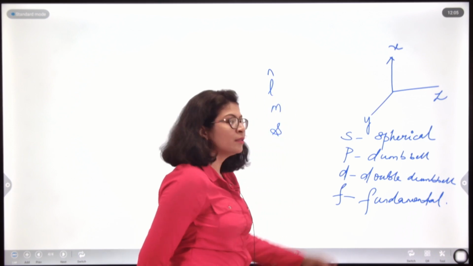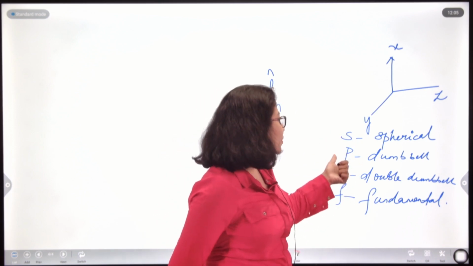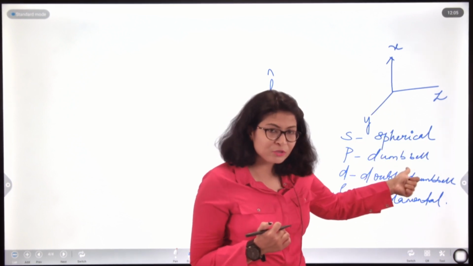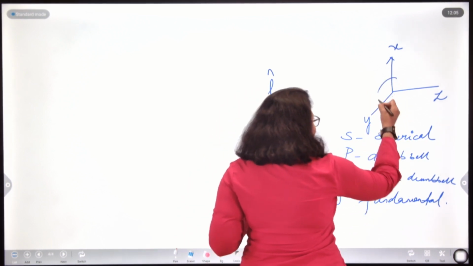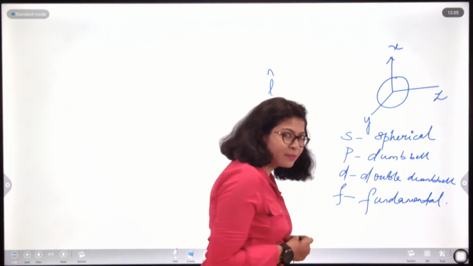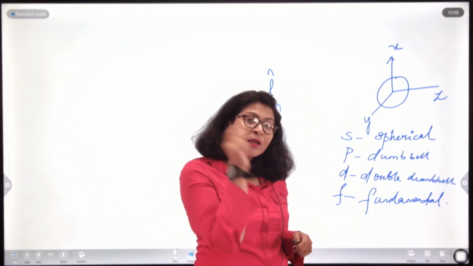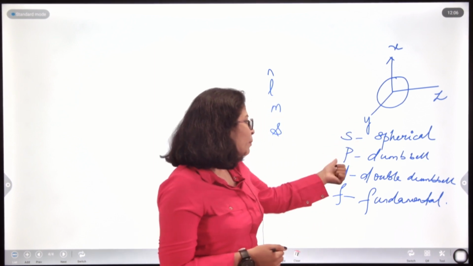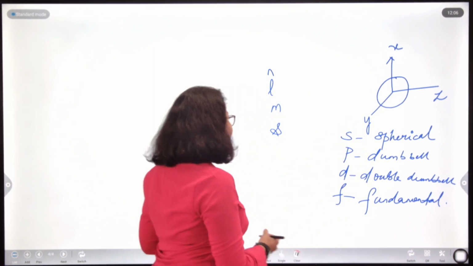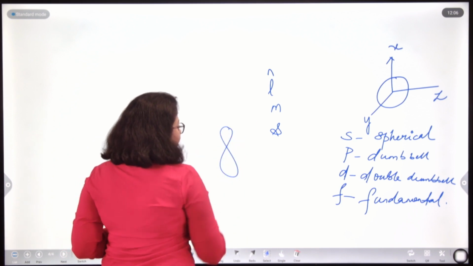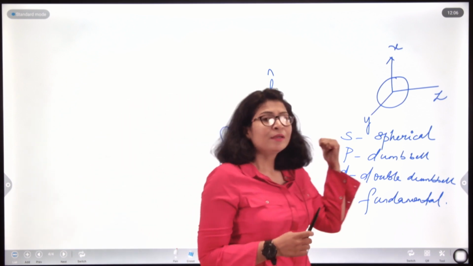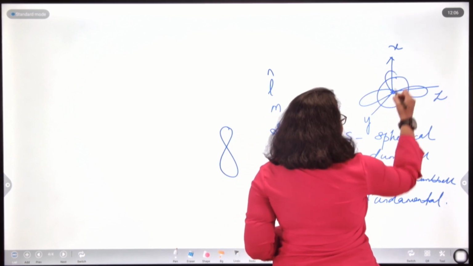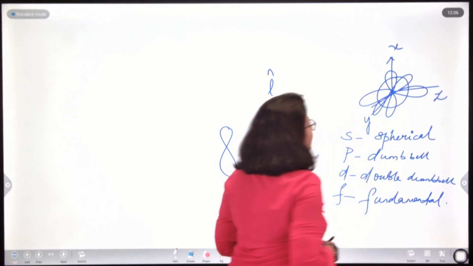So, if we try to spread out s orbital in an axis, as it is spherical in shape, it will be uniformly distributed in all the axes. So, there is only one orbital available for s subshell. But if I consider p, then p shape is dumbbell. So, this can lie in 3 different axes, the z axis, x axis, y axis.